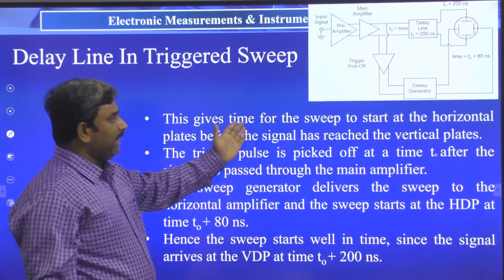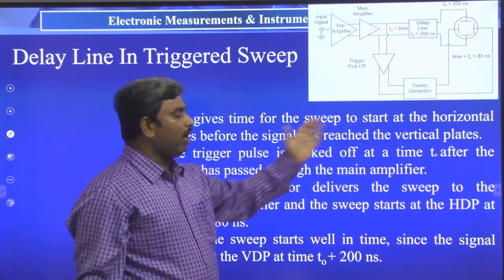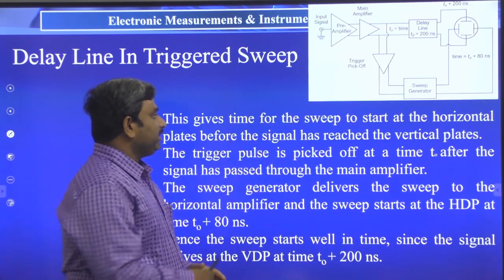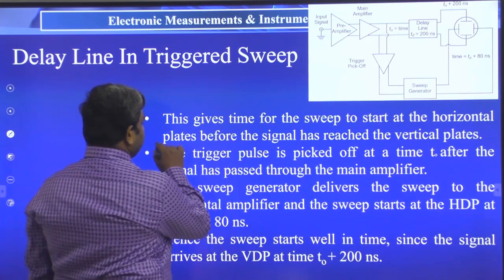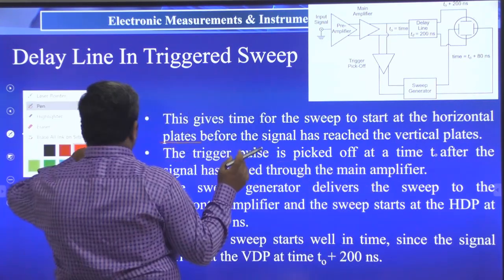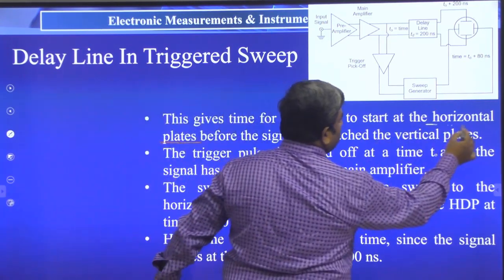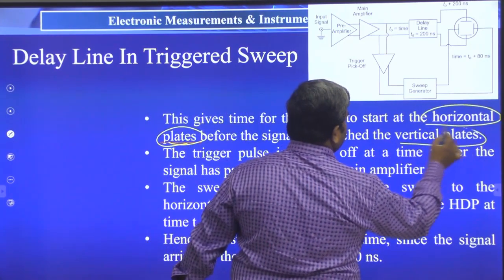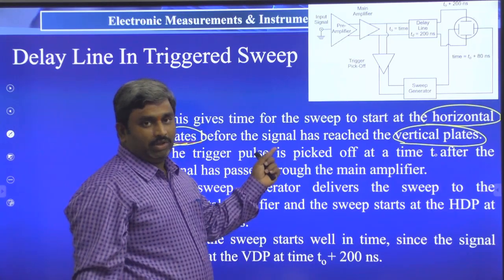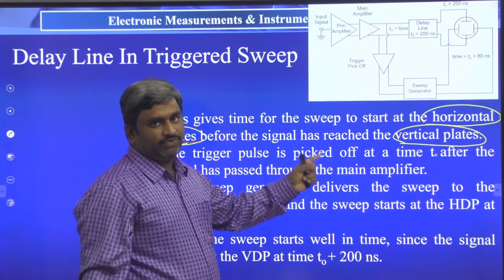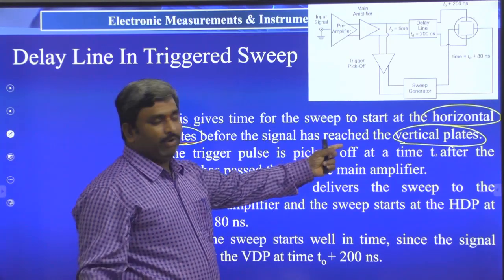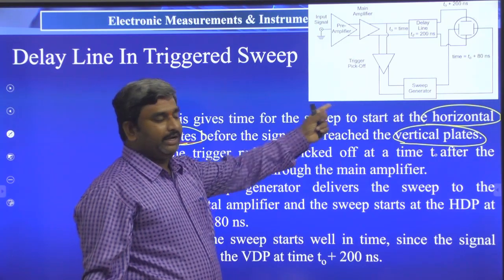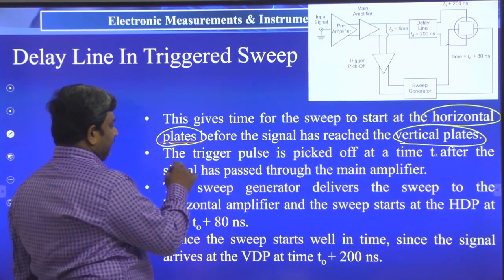This gives time for the sweep to start at the horizontal plates before the signal has reached the vertical plates. Horizontal plates and vertical plates both are important. The vertical plates information we are getting first. For that reason we are giving a delay line to the vertical plates. It will wait up to getting the signal from the horizontal plates.